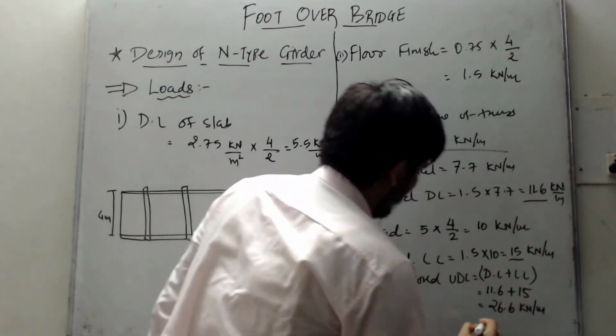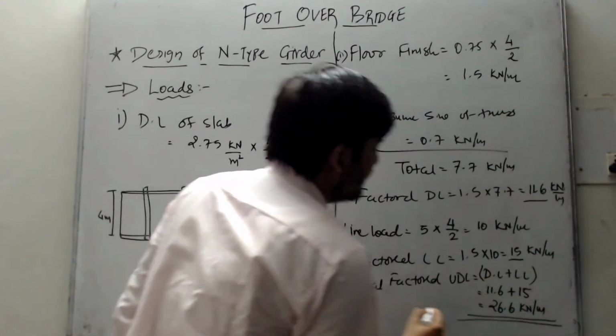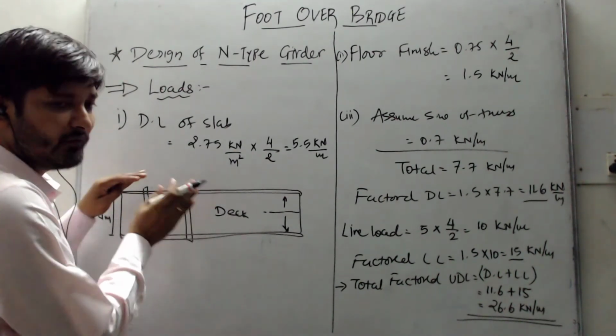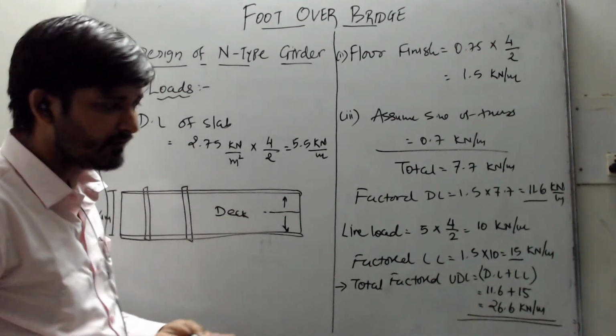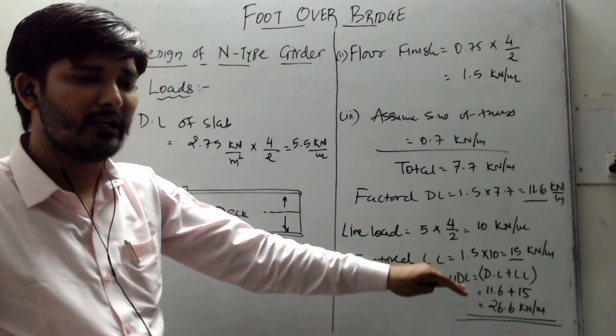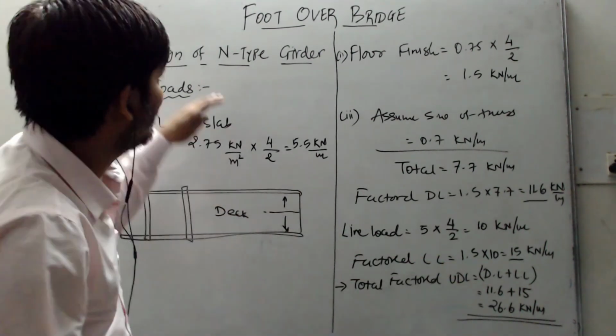So this is my final load that will be acting on one side of truss, that means on both the side of truss. 26.6 kilonewton per meter. So for this UDL, we are going to do the design of a N-type truss girder, right?